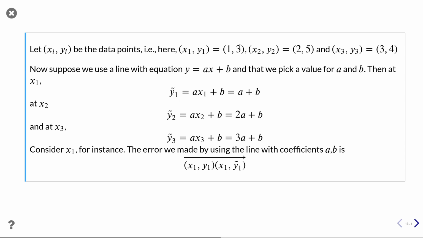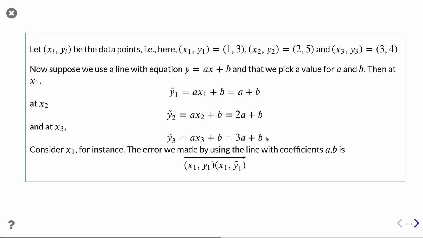The same way, if I evaluate at this point, y2 tilde is the point on that new line that I've chosen with coefficients a and b, so y2 tilde will be 2a plus b. y3 tilde will be 3a plus b.